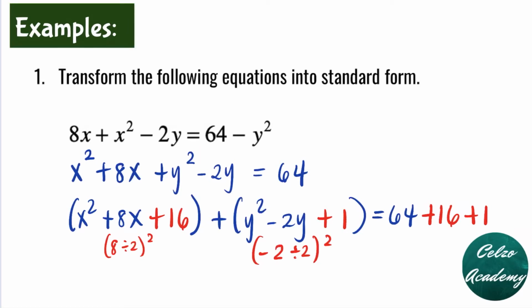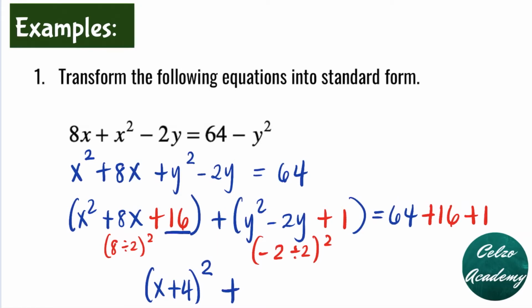Now let's factor the perfect square trinomial x squared plus 8x plus 16. One way to remember this is you need to get factors of 16 that will give you a sum of 8. And that is 4 and 4 because 4 times 4 is 16 and 4 plus 4 is 8. So we will have x plus 4 times x plus 4, or the same thing as (x plus 4) to the second power.